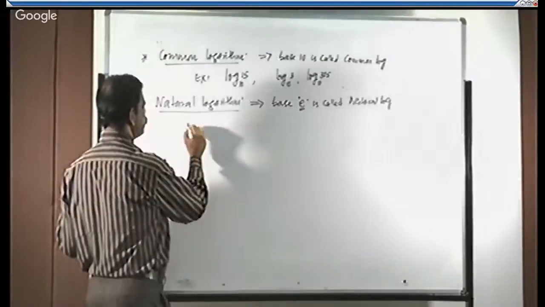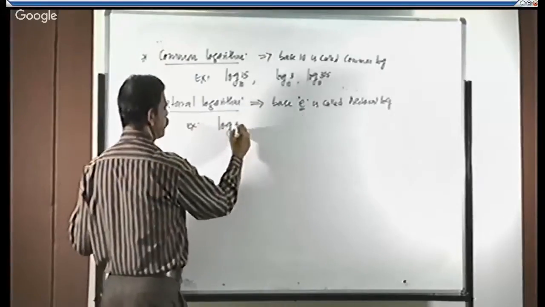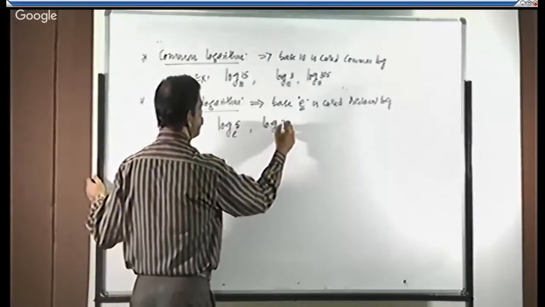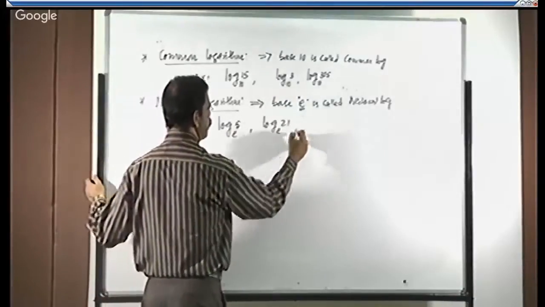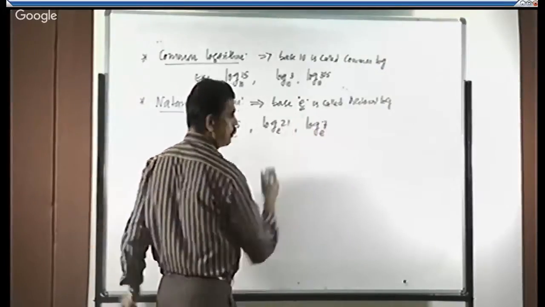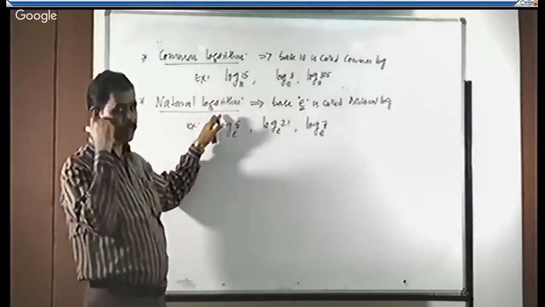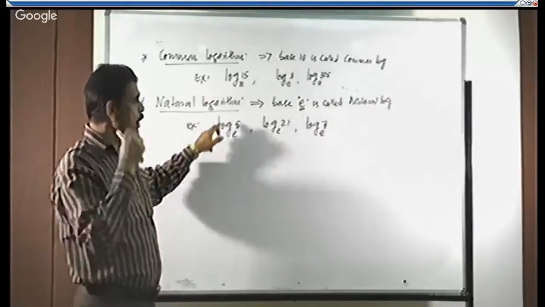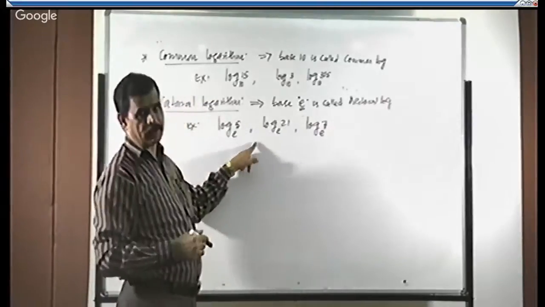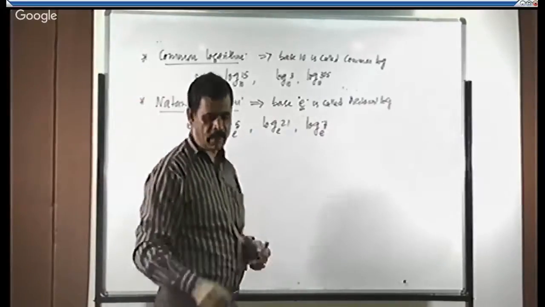See the example. Log of 5 to the base e, log of 21 to the base e, log of 7 to the base e. They're all examples of natural logarithm. This was invented by John Napier. This is also called Napier's logarithm. These are the two types of logarithms, right?